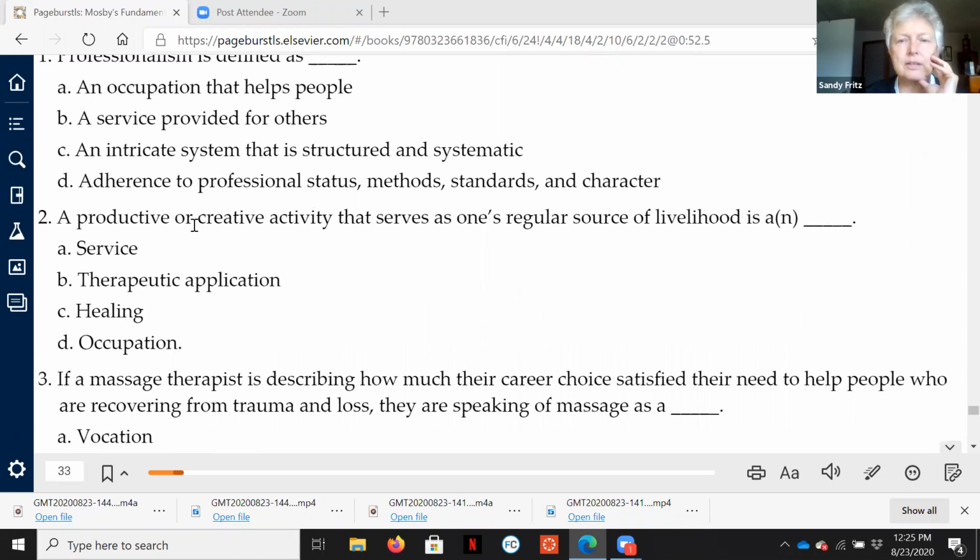Here, the definition is given for one of these words down here. So this is 2 different ways to manipulate a question like this. So we would have to know what a service is, what a therapeutic application is, what healing is, and what an occupation is. So the correct answer on this one is occupation.